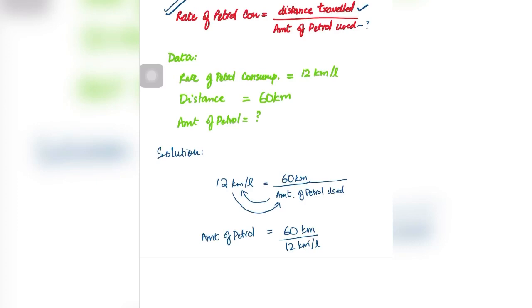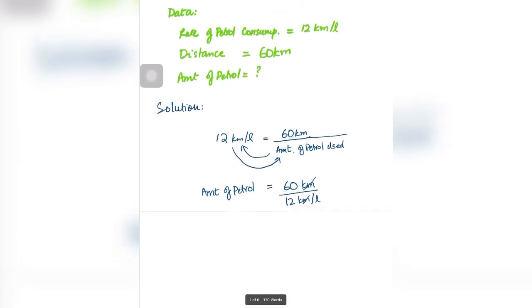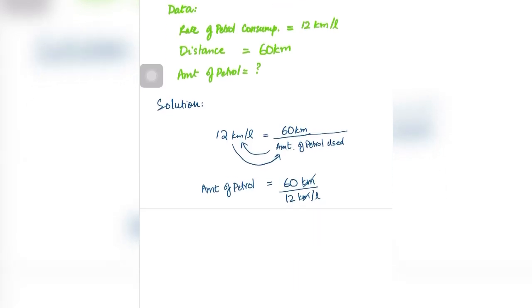Okay, kilometer and kilometer we can cancel. 60 divided by 12 is equal to 5, and liter is going to shift over here, so we have 5 liter. This is our answer.